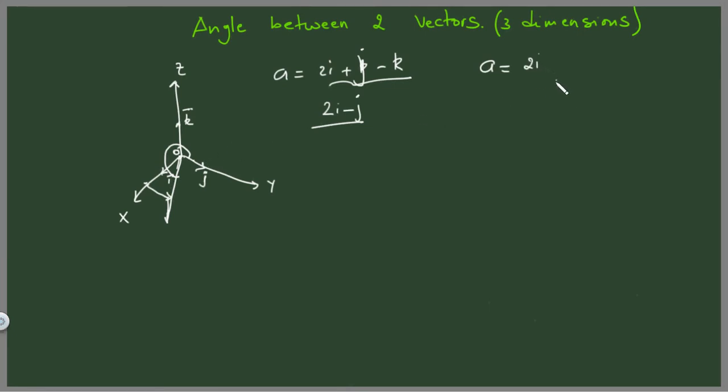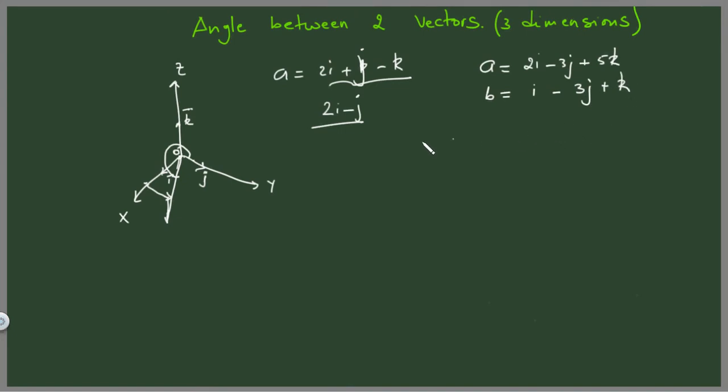So we have a equals 2i minus 3j plus 5k, and the vector b will be i minus 3j plus k.